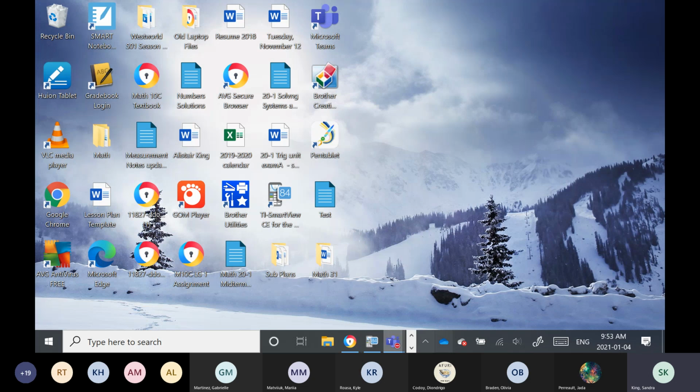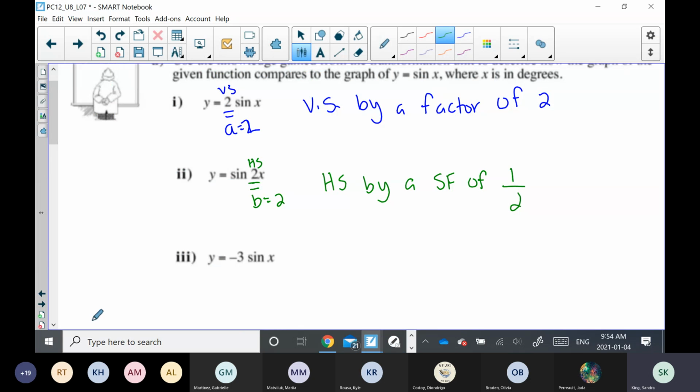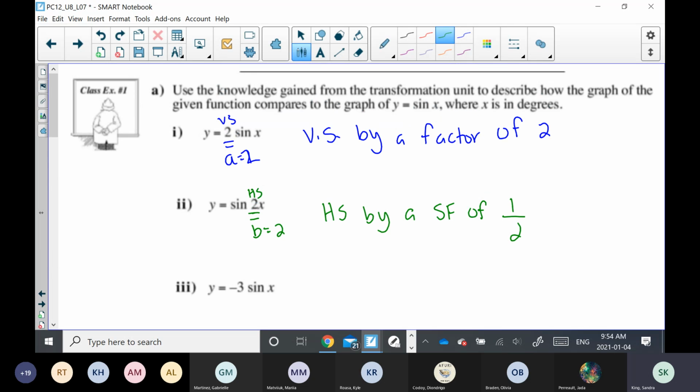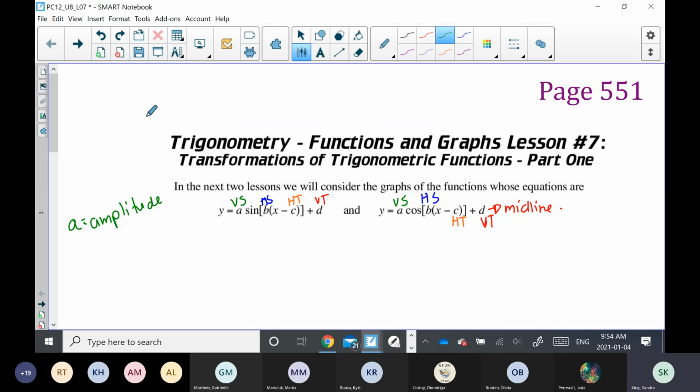So I just want you to make note, even though you don't have to know it for this example, that the b value is going to affect the period. So we said a is going to be amplitude, and the b value is going to affect the period of the graph.